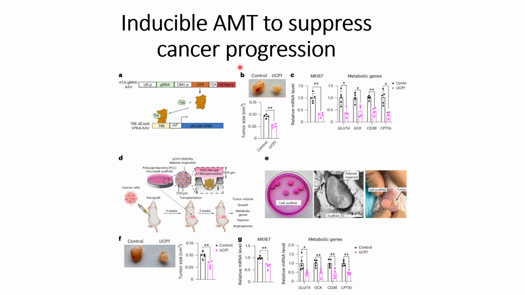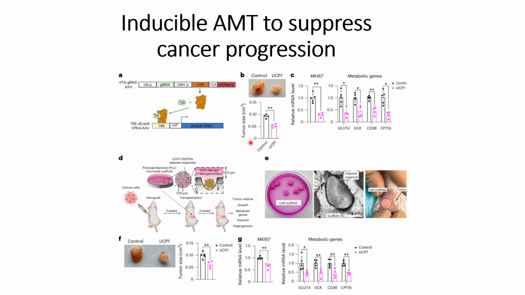And when they transduce this inducible system into the SCID mice after tumor injections for 4 weeks, they check the tumor size and other proliferation, glycolytic genes and fatty acid oxidation 3 weeks after the injections of these two viruses or adipose with this inducible AMT. We can say that inducible adipose.